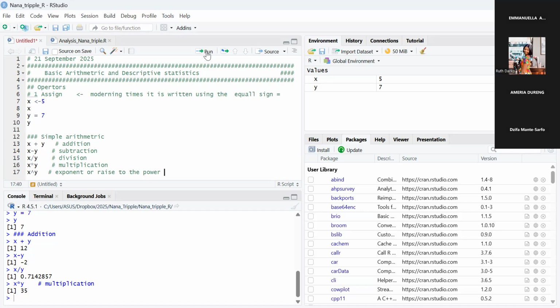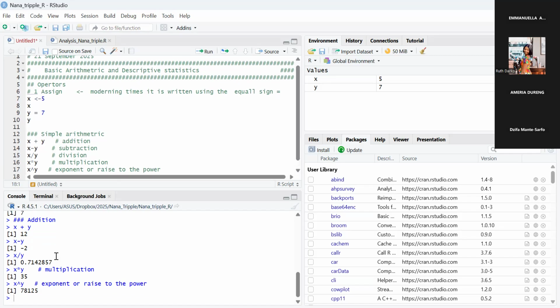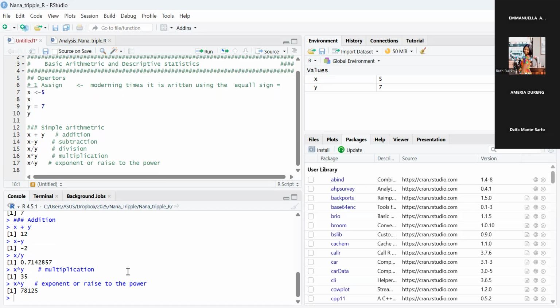If I run it, it gives me some answer. What's the answer? 78125. If you use your calculator to do it, you get the same. You can also use a double star, and it's the same thing.